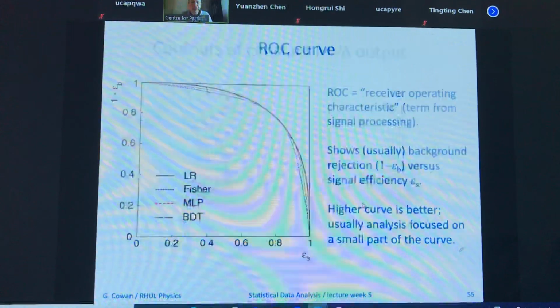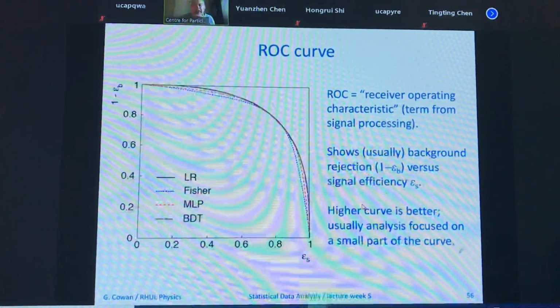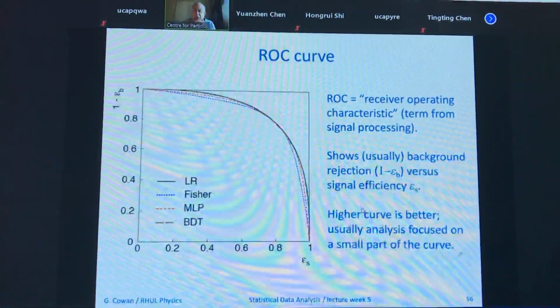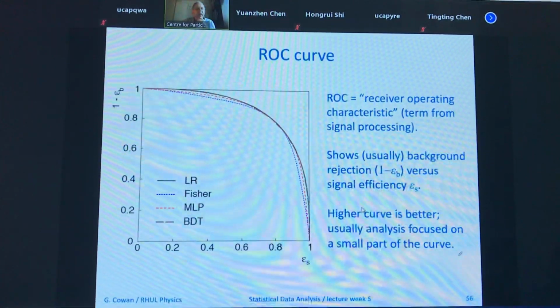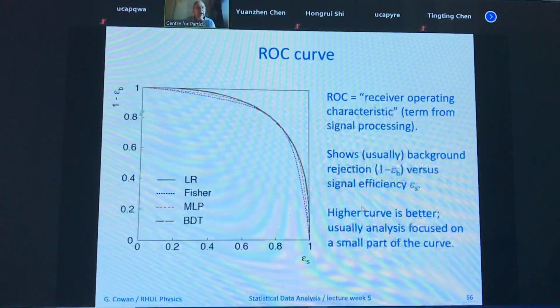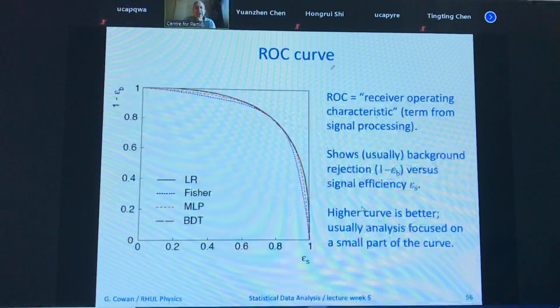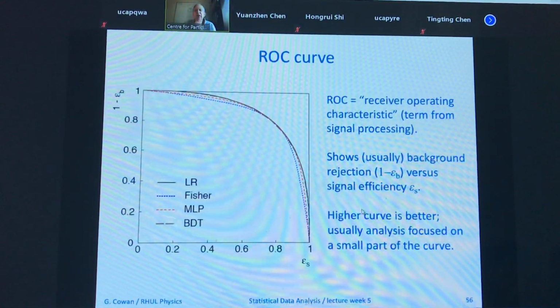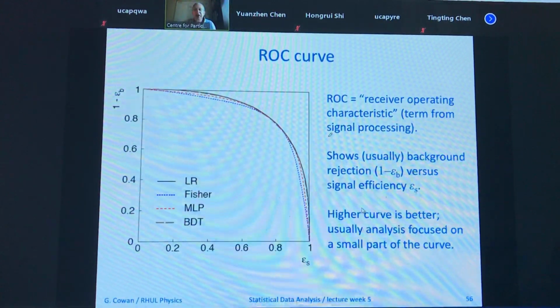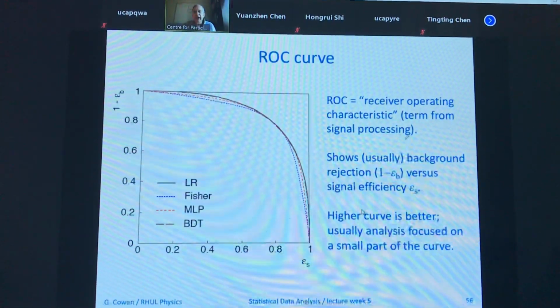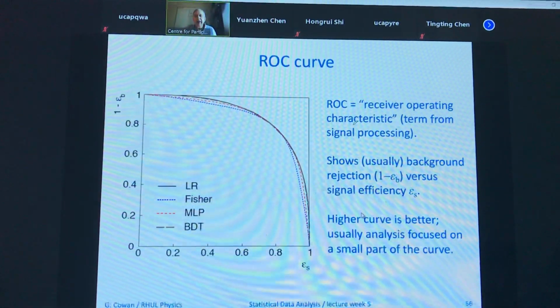All right, let's keep going. Here's something that is new, so you don't need to know about this, but I'll just mention that one of the things that you can do is work out what's called the ROC curve. ROC is jargon from signal processing, and it stands for receiver operating characteristic.